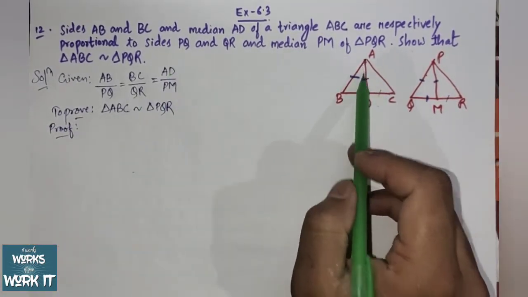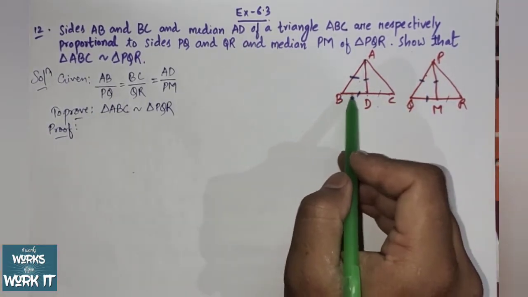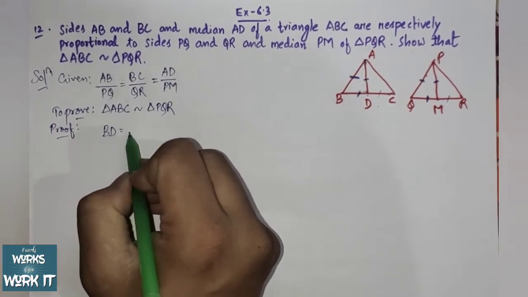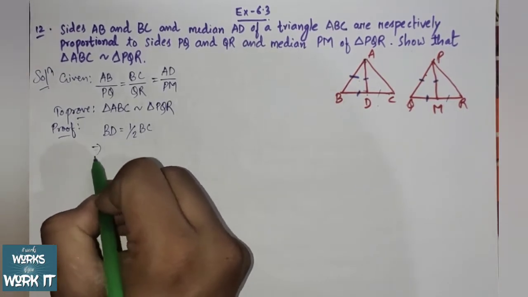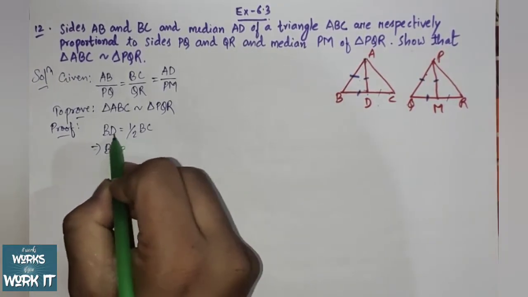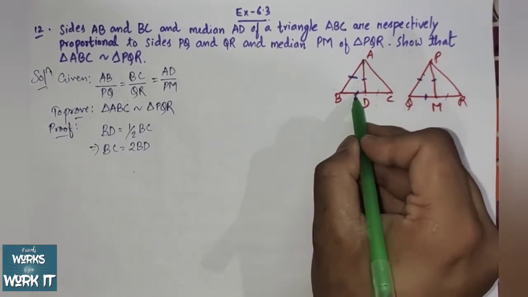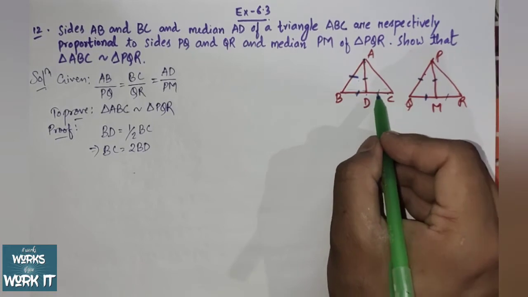Median AD bisects BC, so we can write BD is equal to half of BC, and this we can write as BC equal to twice BD. That means the whole BC is double BD or double CD.